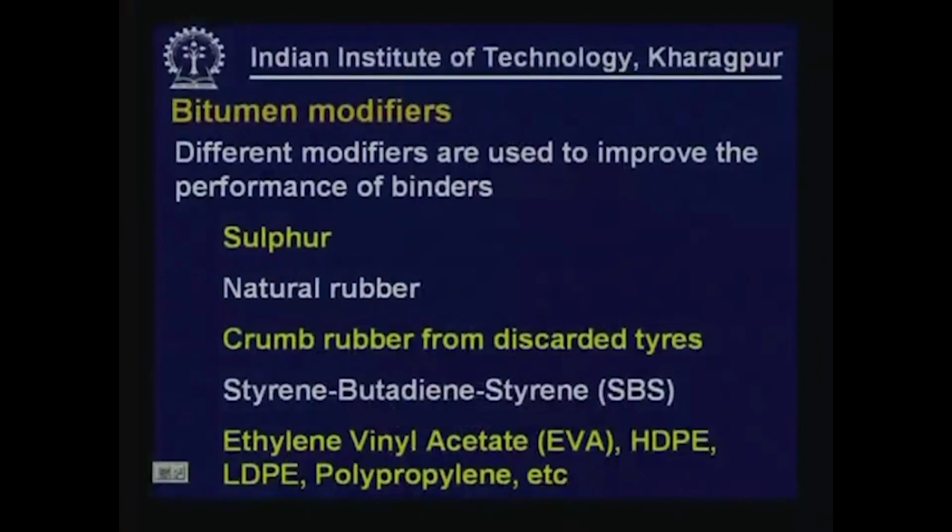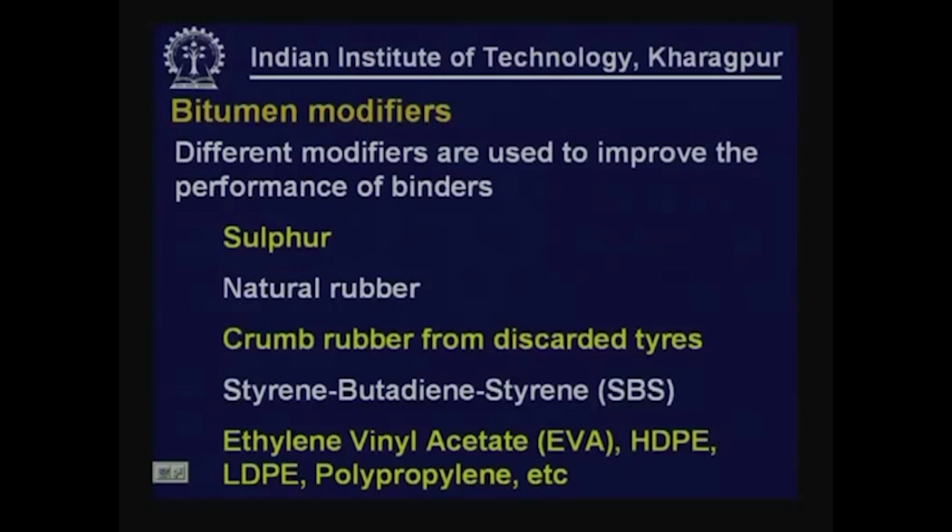Typically, normal binders have not been proved to be very satisfactory. Normal binders such as 80-100 binder, 60-70 binder, in many cases have not been found to be satisfactory. So, modifiers are used to modify the normal bitumen.